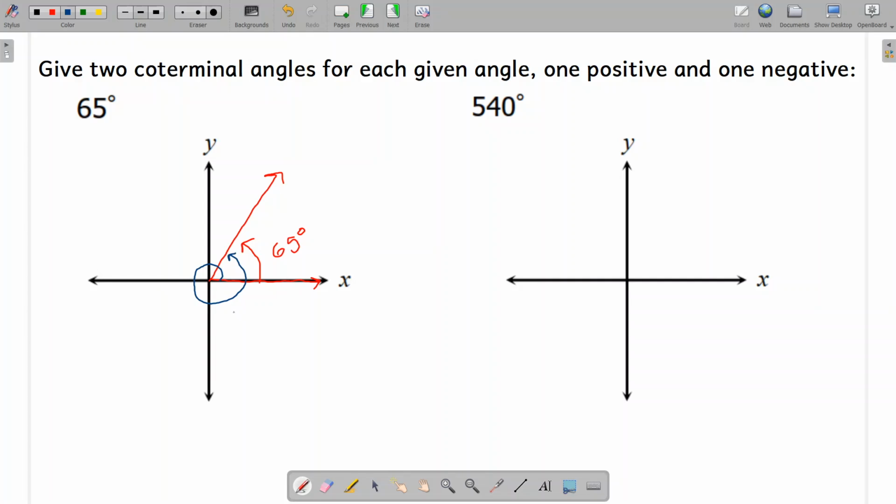Well, that's really just doing 360 degrees plus my original angle. If I wanted to get a negative one, that just means I go clockwise this time. So I would start here and I would loop this way, which is really just the same as doing 360 taken away from our original angle.